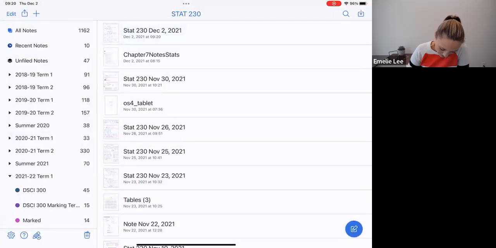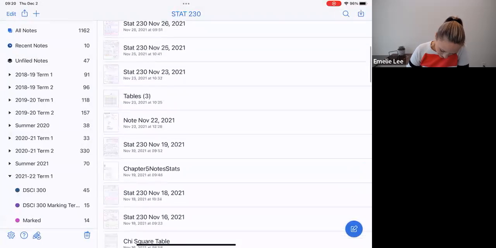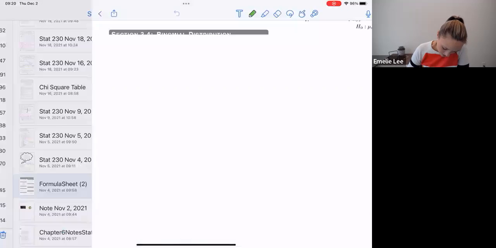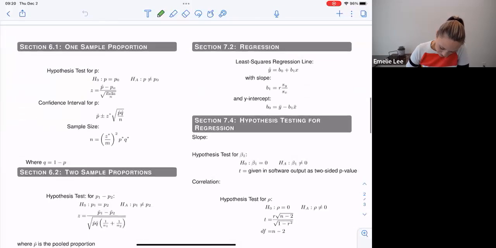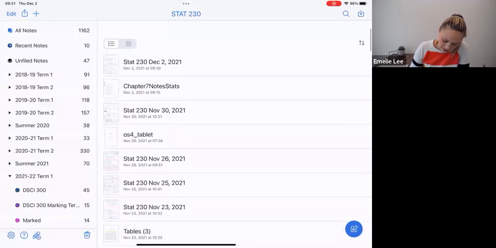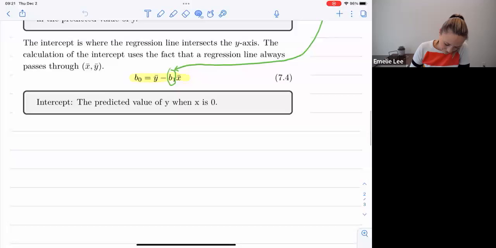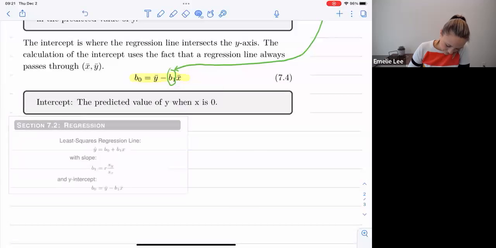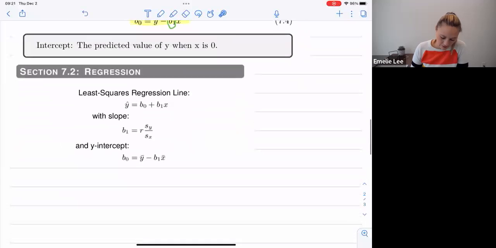I do want to pull in the formula sheet that you have, a nice little summary. So here's your least squares regression line, b0 plus b1x, just outlining what the format would be, and then the slope.